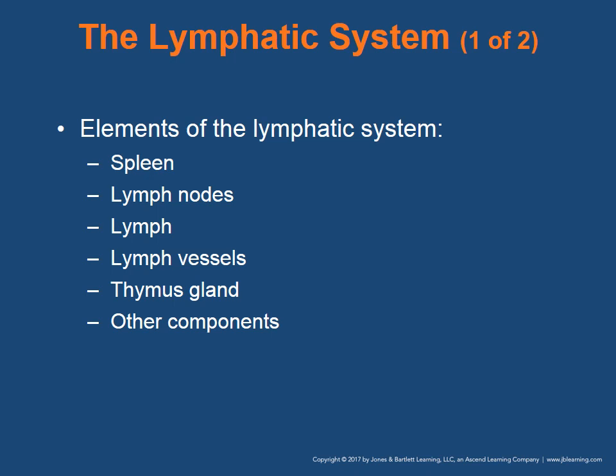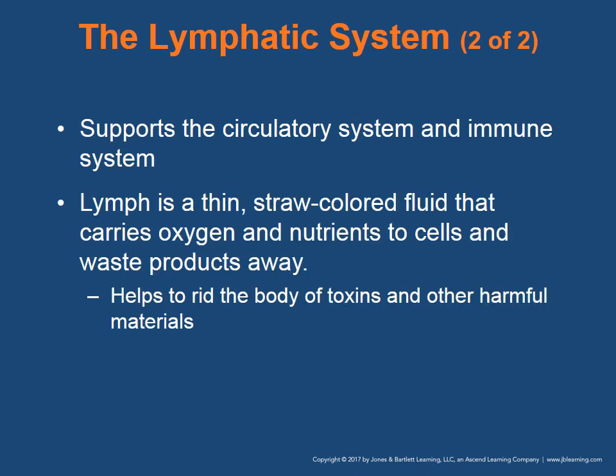So next up we have the lymphatic system. Elements of the lymphatic system are the spleen, the lymph nodes, the lymph vessels that help carry that lymph, the thymus gland, and there are other components as well. So the lymphatic system supports the circulatory system and its immune system.